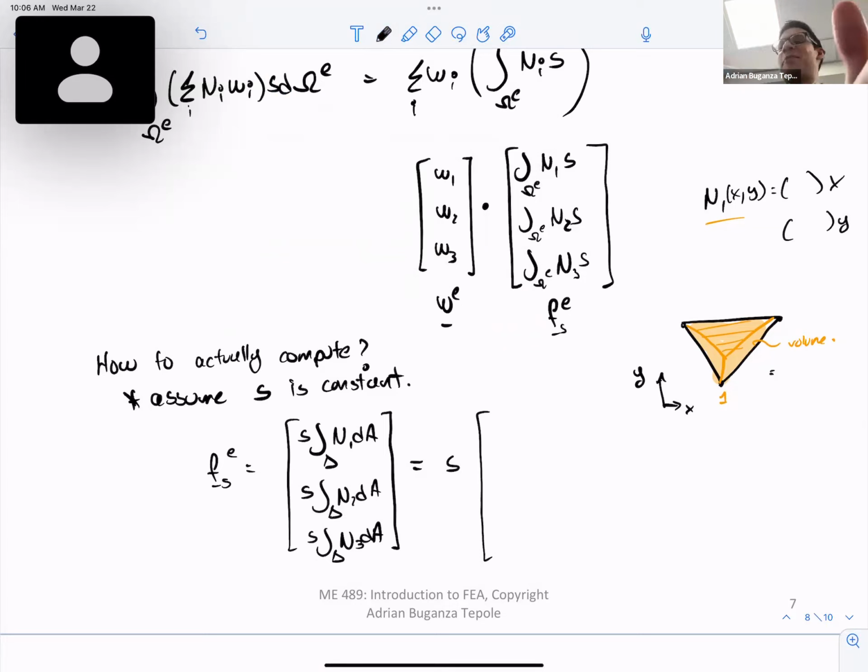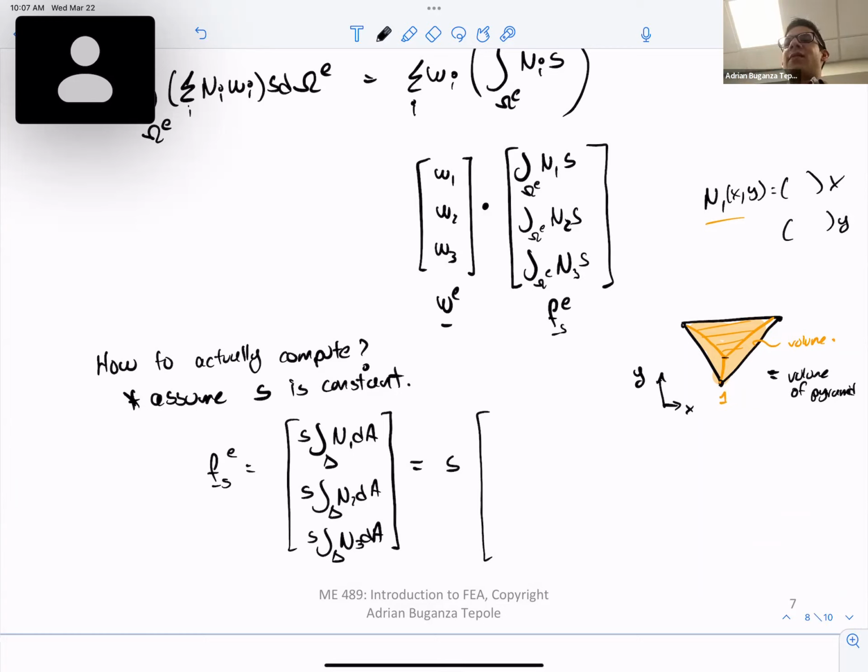You can look that up, but I'm not gonna write it here, but it's the volume of a pyramid. There's a simple formula for that. It has height 1, right? And it goes to 0 at the other ones.